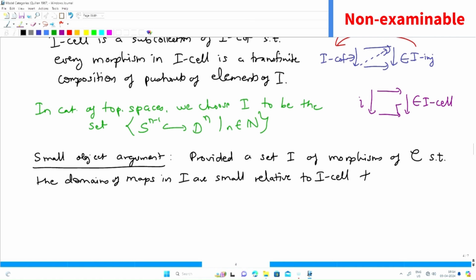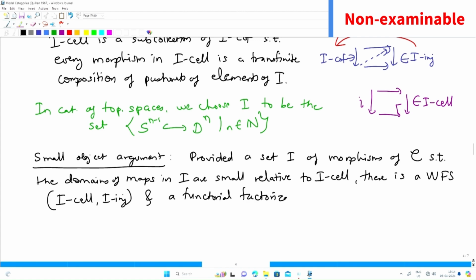There is a weak factorization system, namely (I-cell, I-inj), and a functorial factorization (gamma, delta) corresponding to it.